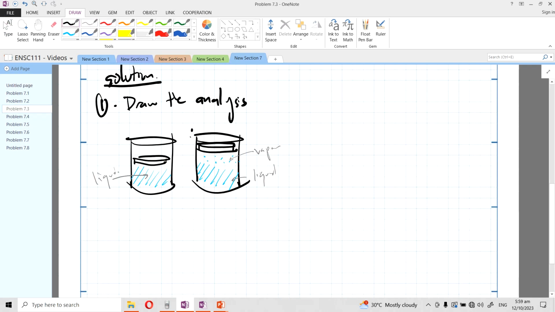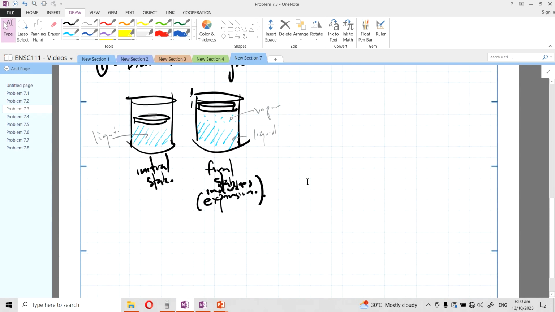Let's just write initial state, and this one is the final state, including expansion, or includes expansion of vapor.